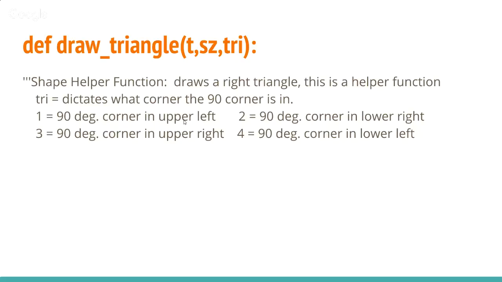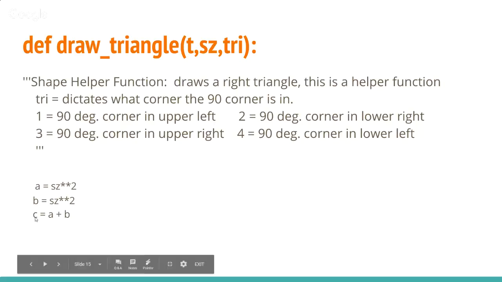Try 1 we'll call a 1 and 2, and then the draw triangle, the square of triangle 2 draws a 3 and 4, respectively. So now there is some special variables here I want to call out. It was just necessary for the math. A and B are both equal to size squared, and then C equals A plus B. And we're going to see how this works here in the function in a moment.